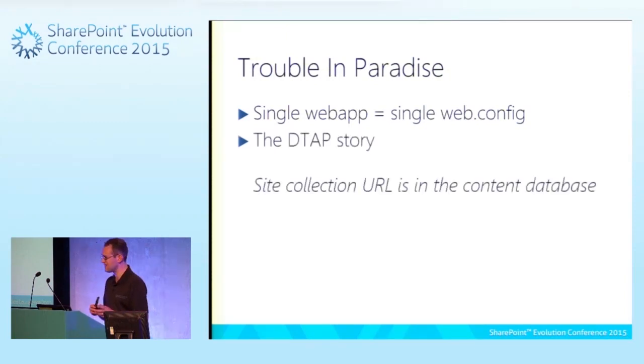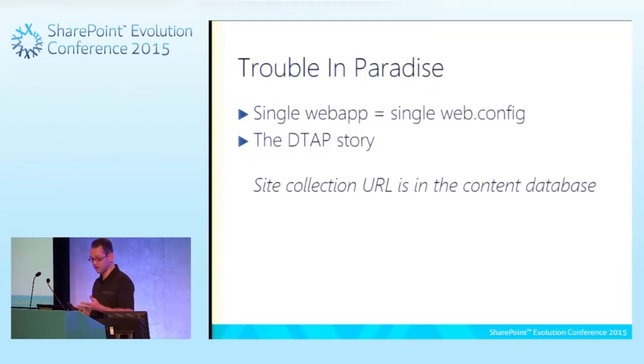Something very special also, DTAP stories, so moving from development to test, acceptance, and production. If you use path-based site collections, the URL of the site is in the configuration database. You can just detach a content database, move it from development to test or to production, attach it to a web application with a completely other URL, and you could use it.